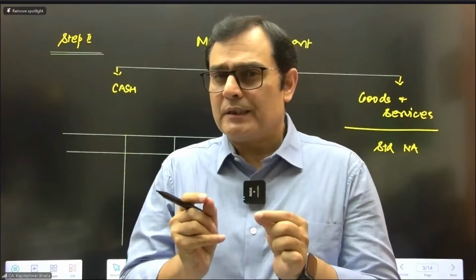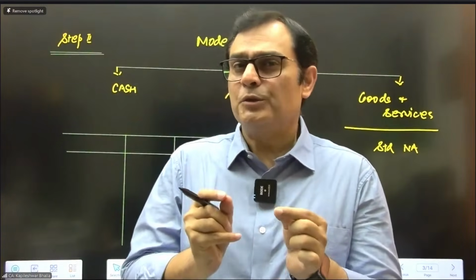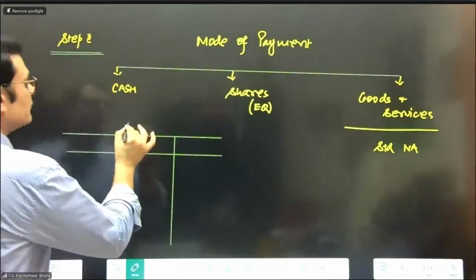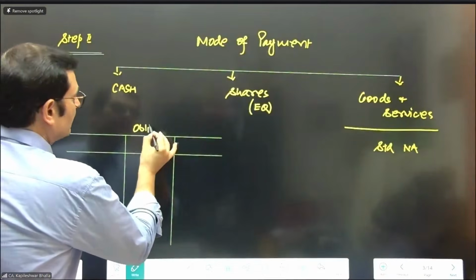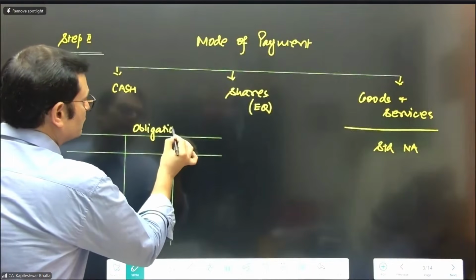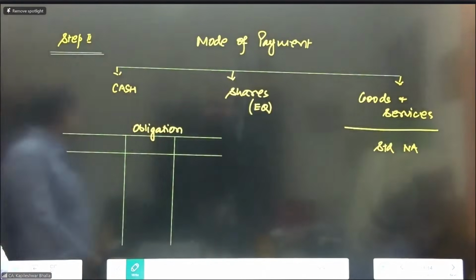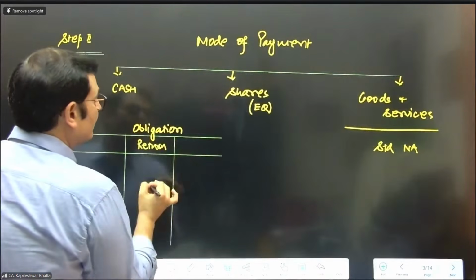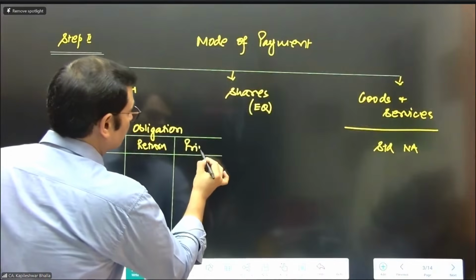So you need to see certain terminology which is used. Obligation can be divided in terms of two components. When you look at the obligation of the issuer, it can be segregated into two elements. One is the return, and one is the principal.